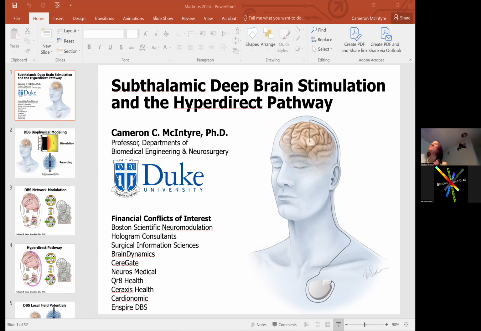His doctoral research focused on the biophysics of neural stimulation with implanted electrodes. Then he did his postdoc at Johns Hopkins, and then he started a research group at Cleveland Clinic. Then he was back at Case Western for a while and then moved to Duke. And the special expertise of his group is in the theoretical, experimental, and clinical application of neuromodulation and neurorecording technologies in human patients. And with that, I'll hand it over to Cameron.